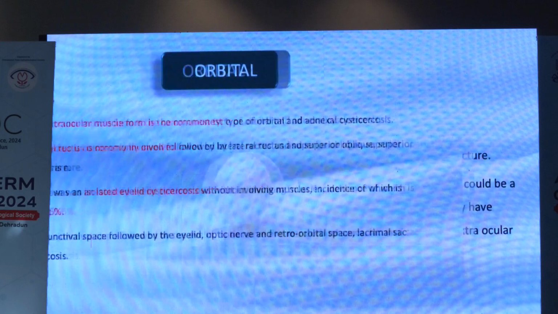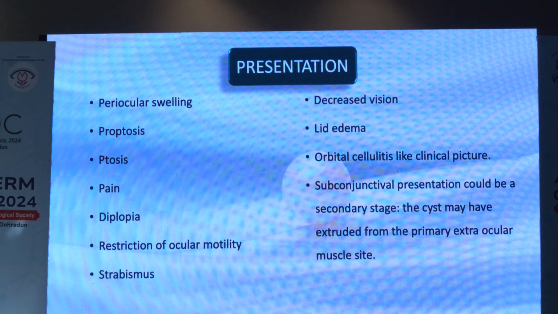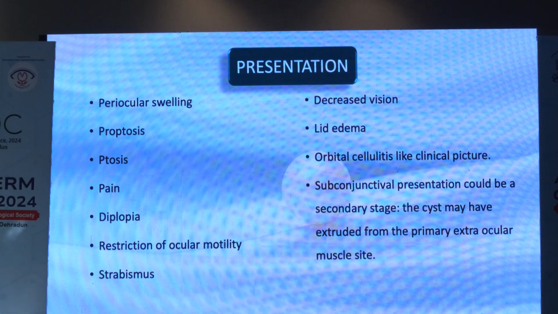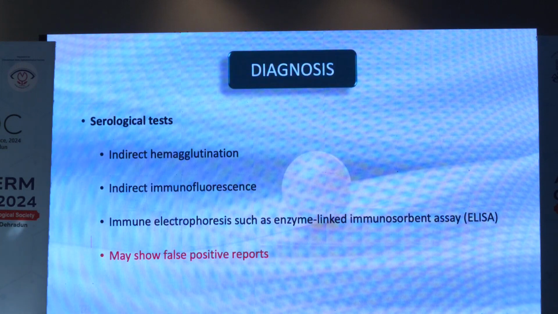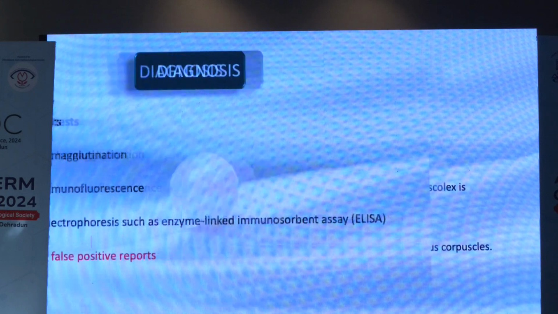Presentation could be periocular swelling, proptosis, ptosis, pain, diplopia, restriction of ocular mobility, strabismus, lid edema, or an orbital cellulitis-like picture. A subconjunctival presentation could also be there, which is a secondary stage, where the cyst might have extruded from the primary extraocular muscle site. Diagnosis can be confirmed by serological tests, but these may show false positive reports.